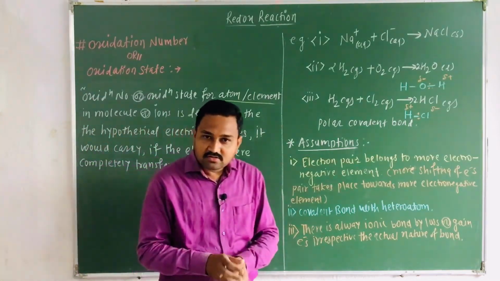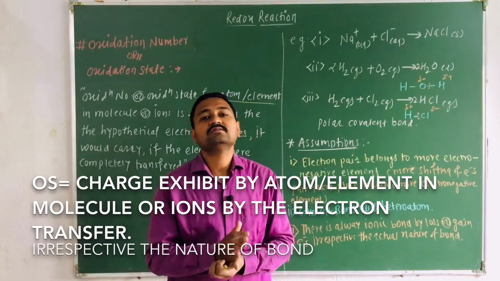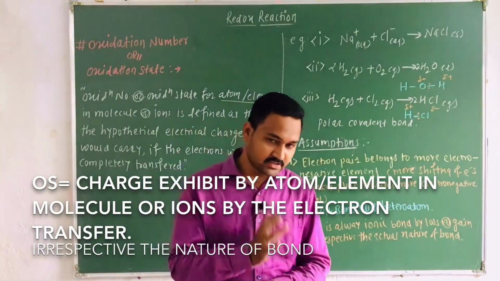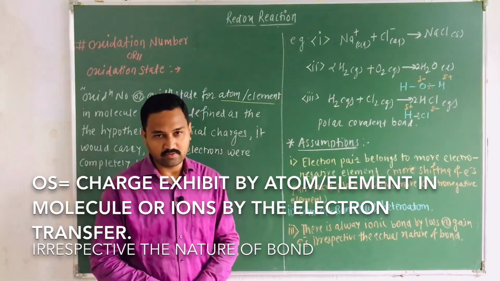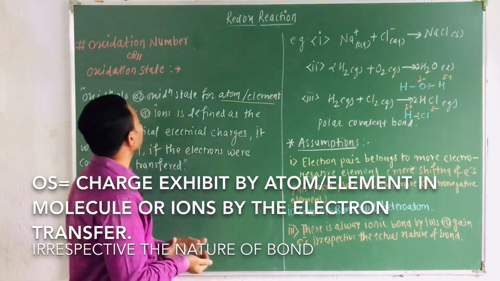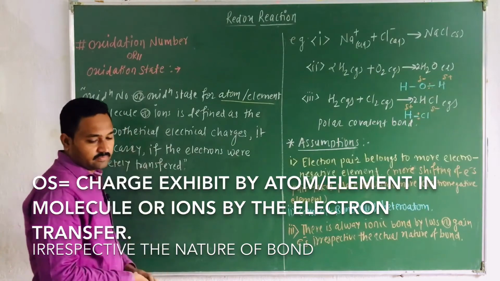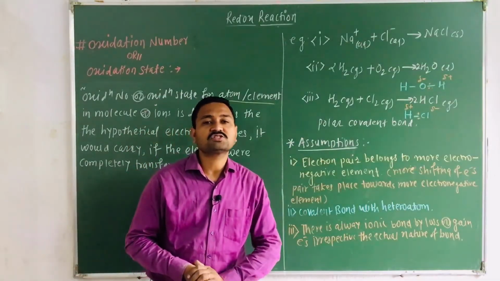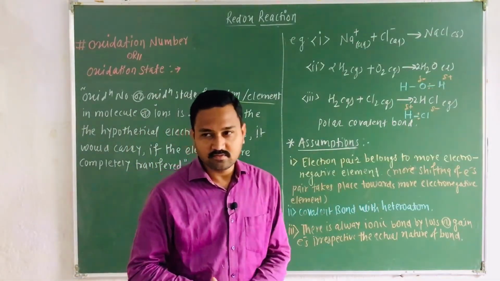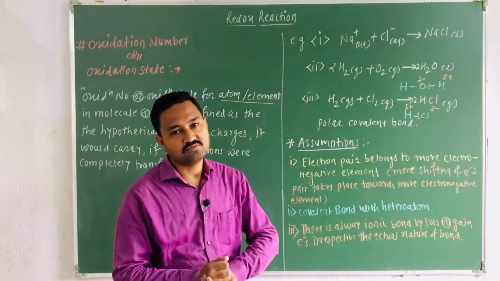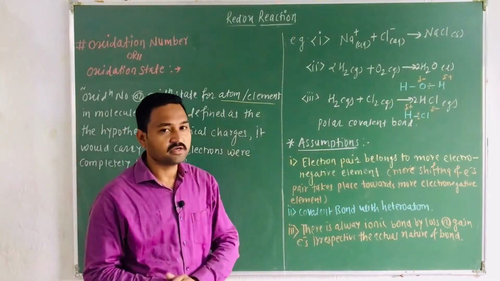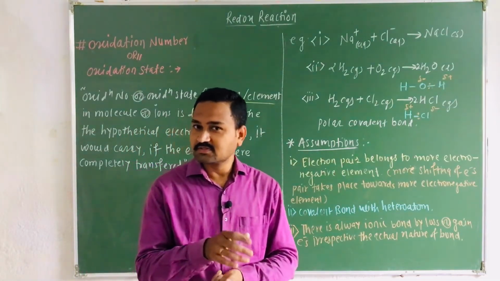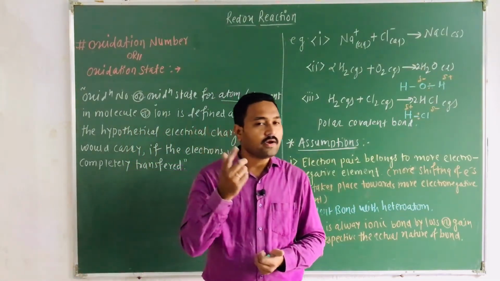In short, just remember, this is nothing but the hypothetical charge which is exhibited by the atom in the molecule. Now again the question may arise in your mind, why are we giving so much importance to the oxidation number, as we are saying that this is again a hypothetical charge? Remember students, just revise.